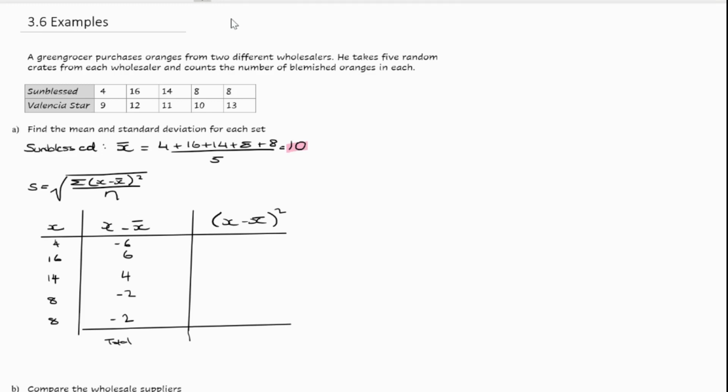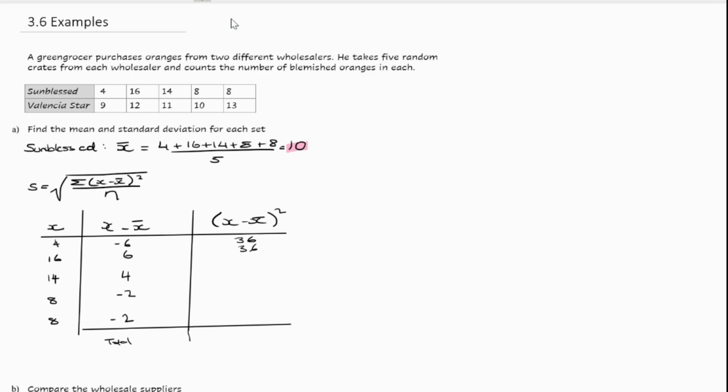Now, the reason we have to square this x take away x bar is because of the square root here. We know that the square root of a negative number does not exist. So we need to square these numbers to get rid of any negative numbers that could cause the whole thing under the square root to not exist. So minus 6 squared is 36, and 6 squared is 36.